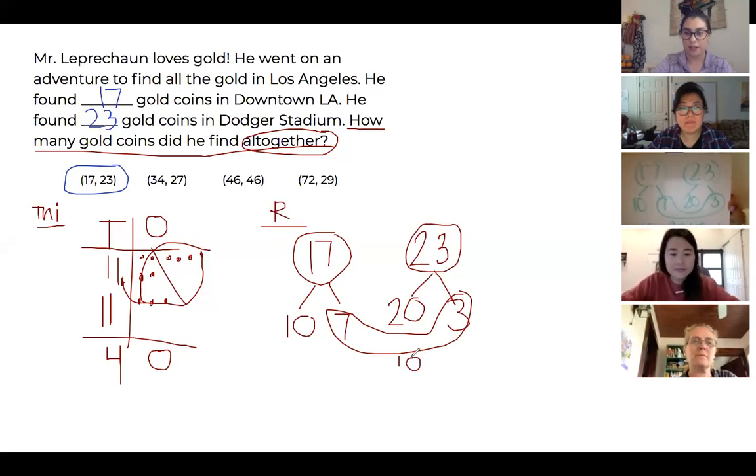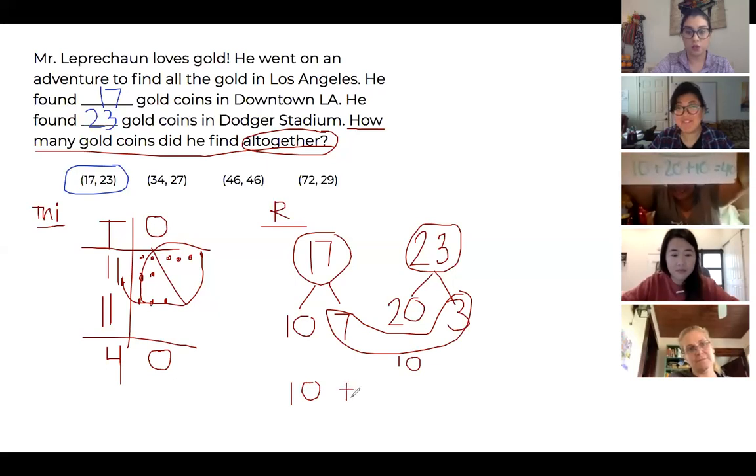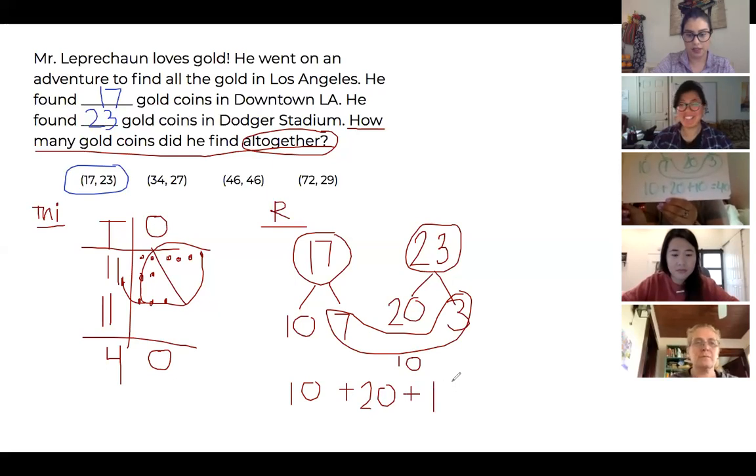And then you added them all together, 10 plus 10 plus 20. Yes. And did you write the equation on the bottom as well? Yes. There we go. 10 plus 20 plus 10 equals 40. Beautiful.